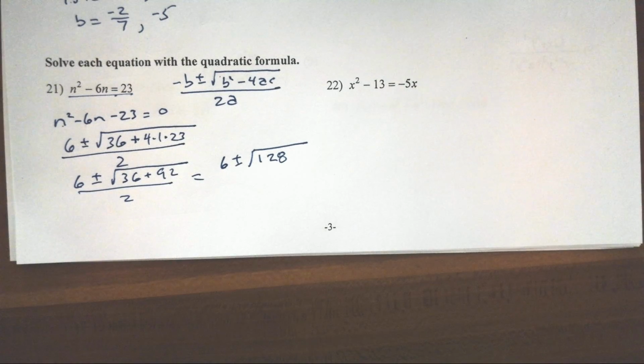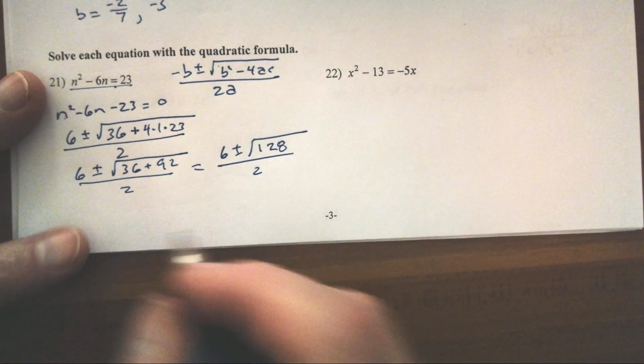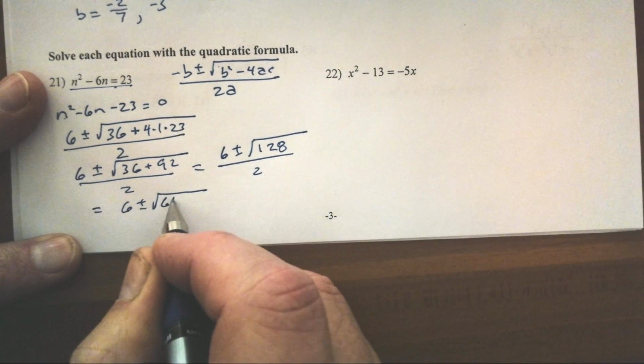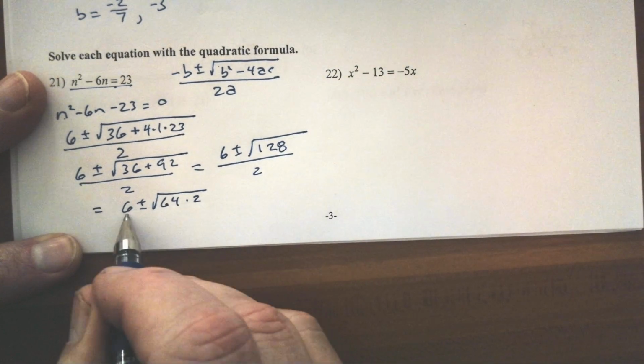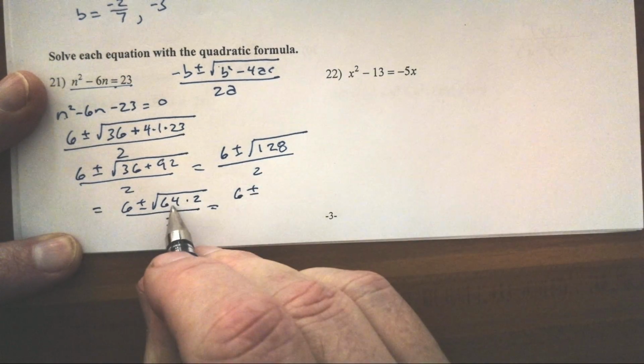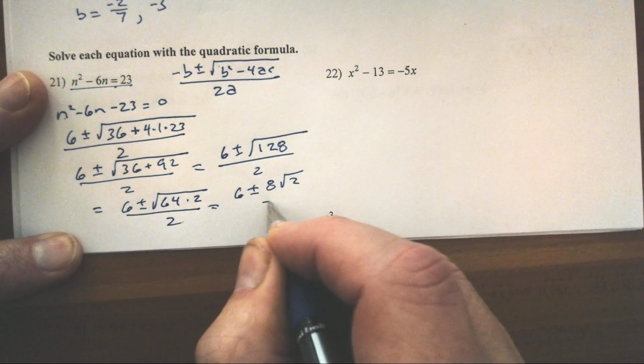Half of 128 is 64. So I could be thinking of this as 6 plus or minus square root of 64 times 2 all over 2, or 6 plus or minus 8 square root of 2 over 2.